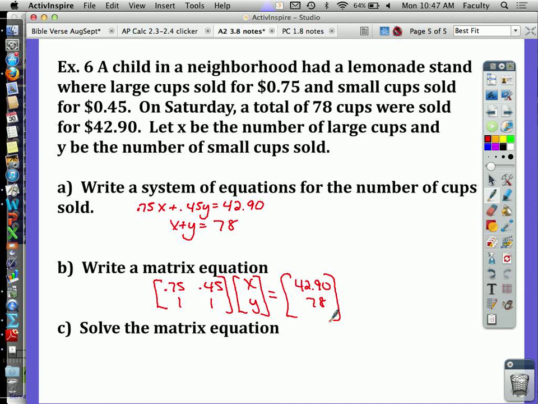A is your coefficient matrix. B are the answers or constants. So then to solve it, you just are going to do A inverse times B. So you'll be asked to do this in your homework, and you will probably be asked to do this on the quiz and or test.